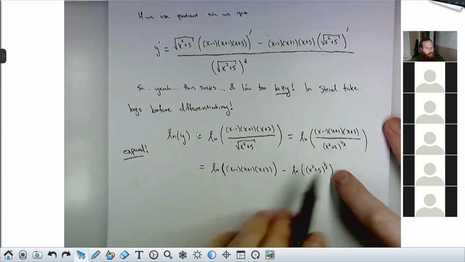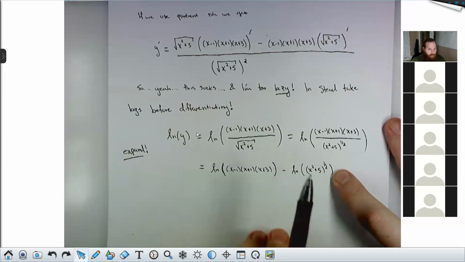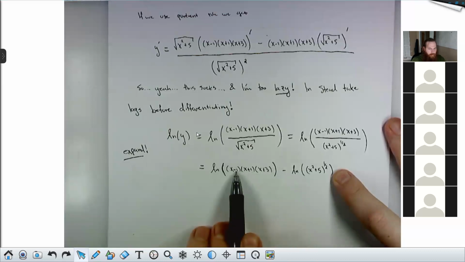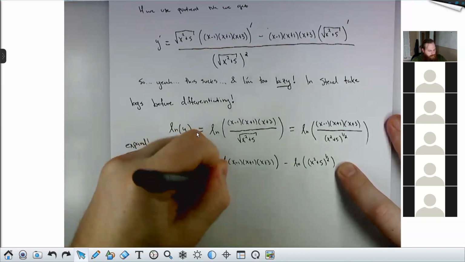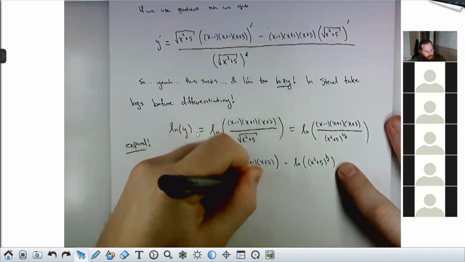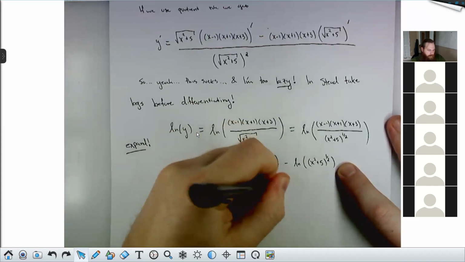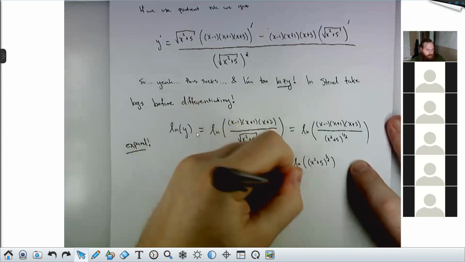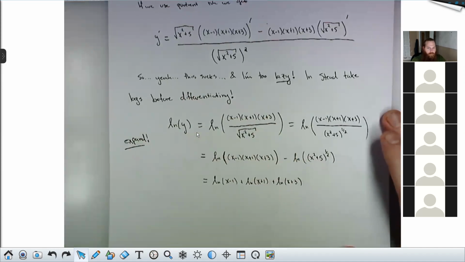Next, I can bring this 1/2 power down front, and here I have a log of a product. So I can write this as ln x minus 1 plus ln x plus 1 plus ln x plus 3. The multiplication inside the log turning into addition outside the log, following the rule.